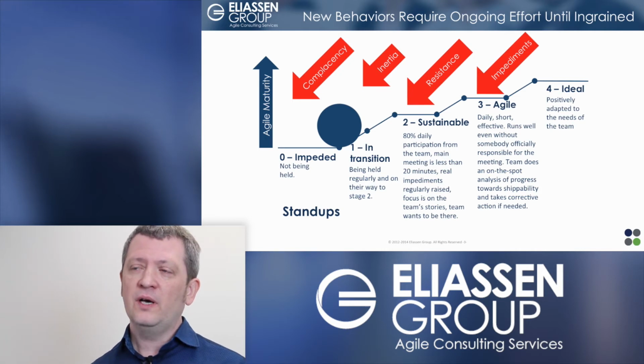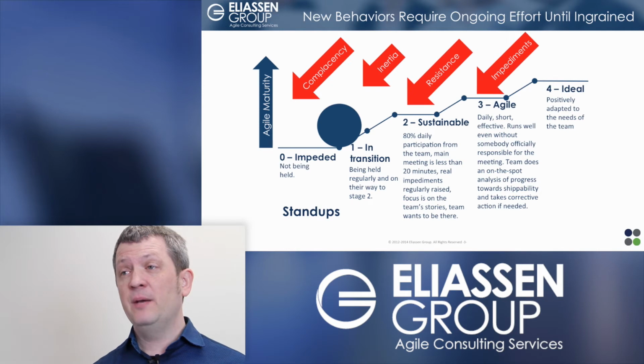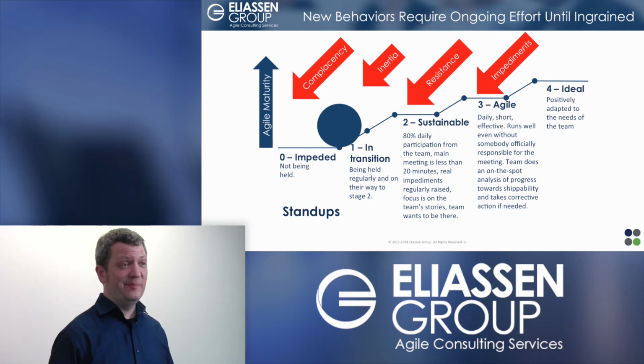Ideal, well, that varies from case to case. But what might that be with a stand-up? It might be that there is no stand-up. That sounds counterintuitive. I wouldn't suggest starting out with no stand-up.